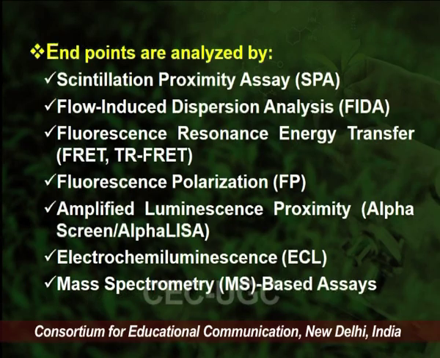Then we have fluorescence polarization method, amplified luminescence proximity, which is commonly known as alpha screen, and another modification of this method, alpha LISA assays. Then electrochemiluminescence assays, mass spectrometry based assays. So, all these techniques are used to study the endpoints of the target based studies.